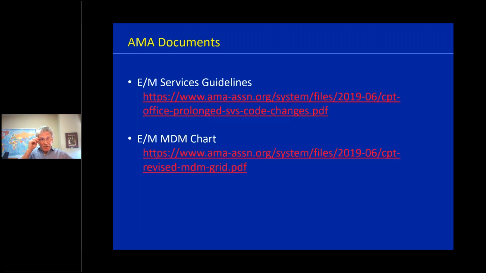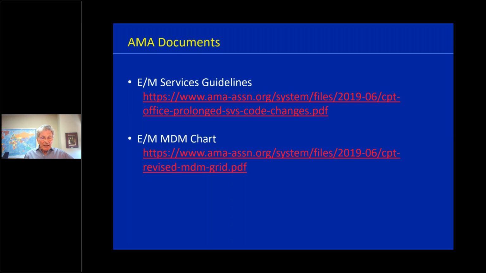Okay, so that's it. I just want to very quickly mention a couple of references that are really important for this topic. All of the changes in E&M services that I just explained were produced by a combination of the American Medical Association and the Centers for Medicare and Medicaid Services. If you click on the top link, you will get about a 50-page document that explains all of this in great detail.